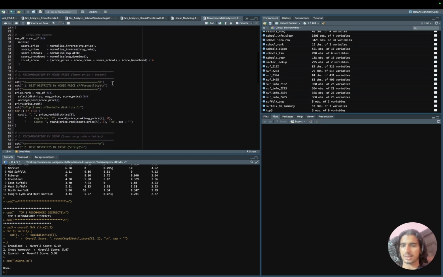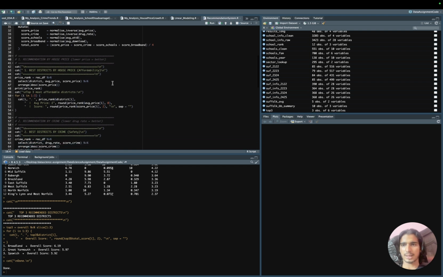Each district was scored from 1 to 10 on all four factors: crime, school, broadband speed, and house price. Cheaper house price, faster broadband, lower crime, and better school results all score higher.